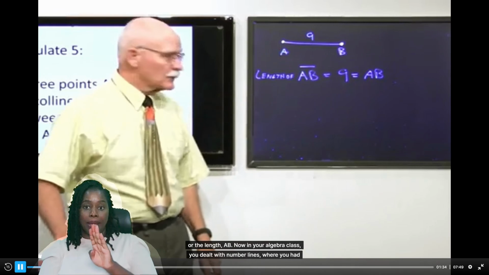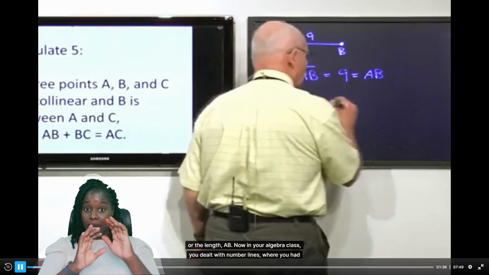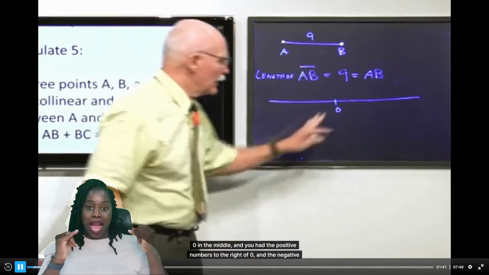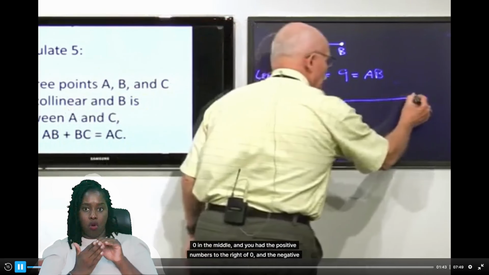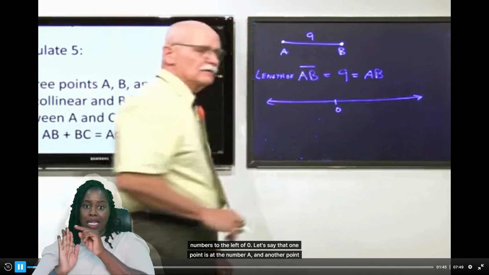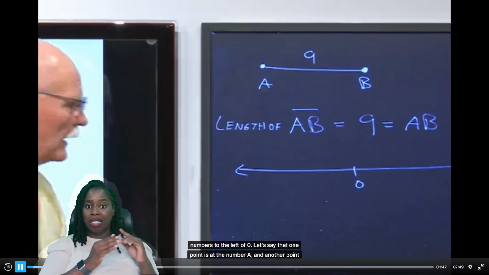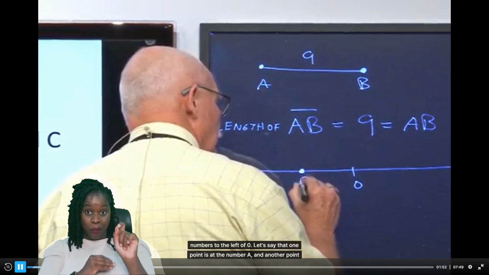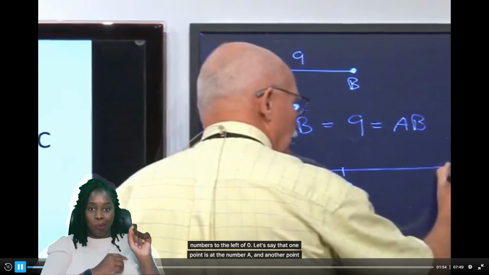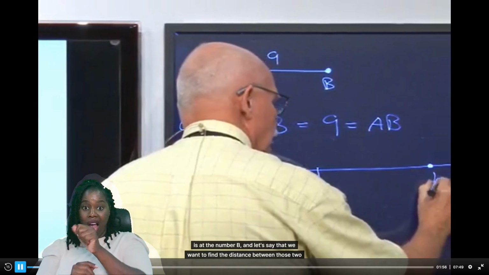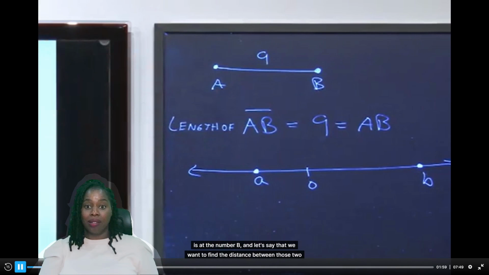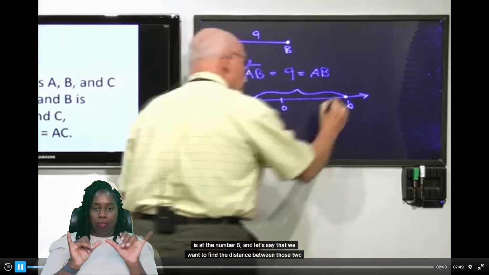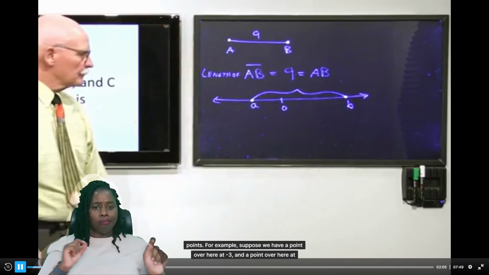Now, in your algebra class, you dealt with number lines, where you had 0 in the middle and you had the positive numbers to the right of 0 and the negative numbers to the left of 0. Let's say that one point is at the number A and another point is at the number B. Okay? And let's say that we want to find the distance between those 2 points.